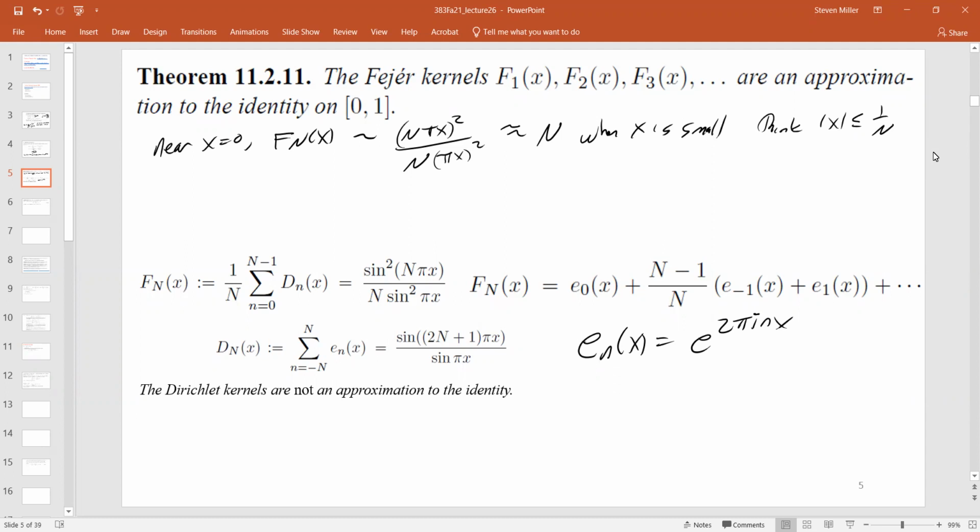You might want it even smaller than that, because I need n pi x to be a small number. Even if x was of size 1 over n, that's not a great approximation. It's not horrible, but the smaller n pi x is, the better this is.